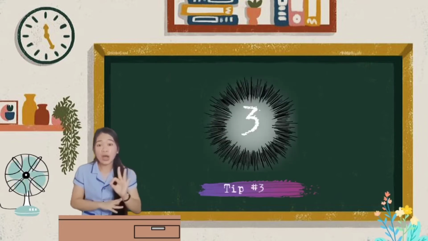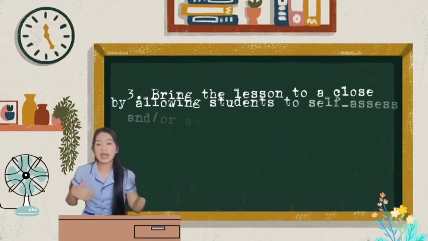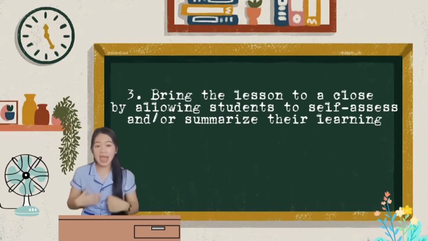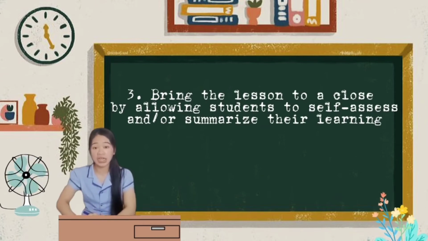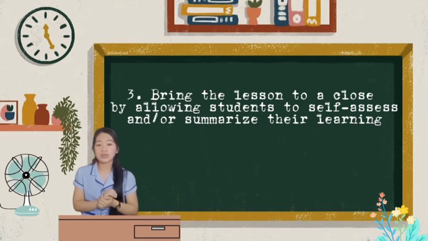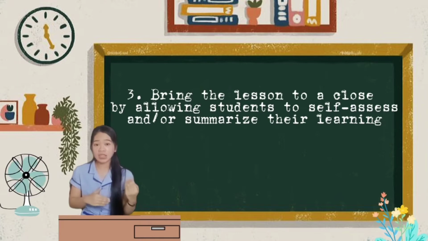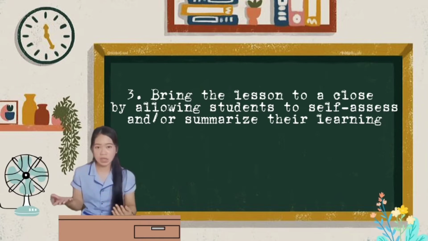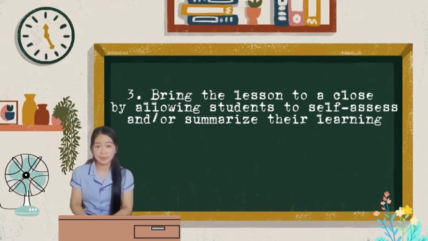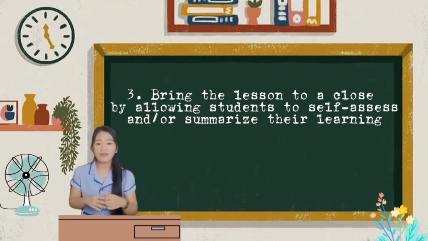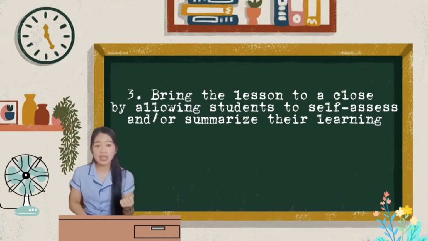And the third tip is: bring the lesson to a close by allowing students to self-assess and or summarize their learning. To make sure that the students fully understand the lessons well, you can allow them to do a self-assessment or self-reflection. Student self-assessment occurs when learners assess their own performance.